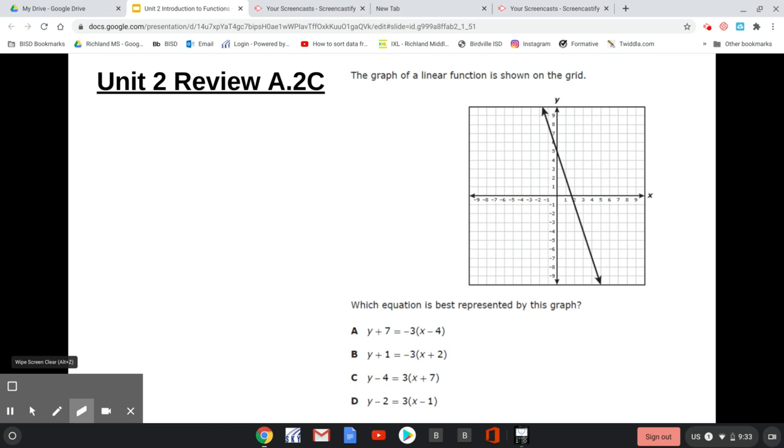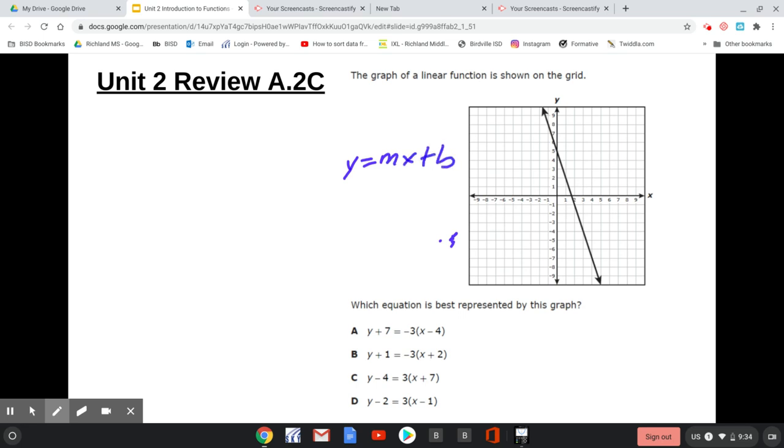And we are looking at the graph of a linear function on this grid. And we want to know which equation is represented by the graph. So we need to convert everything to the magic y equals mx plus b.